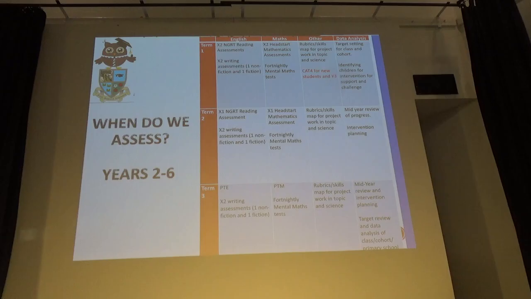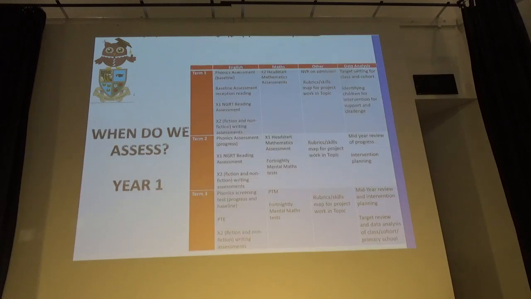That was because of the analysis that we all did in January, and he was able to spot children who weren't making the progress he wanted and make changes accordingly. At the beginning of term 3, we have another mid-year review to see if we need to do any more changes, and at the end of the year we do a data analysis as well to look at the end of year levels and check in on all the progress for the year.